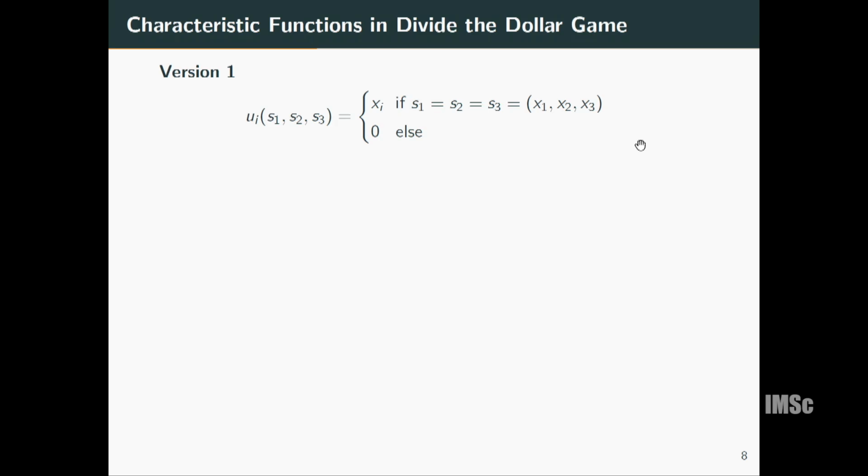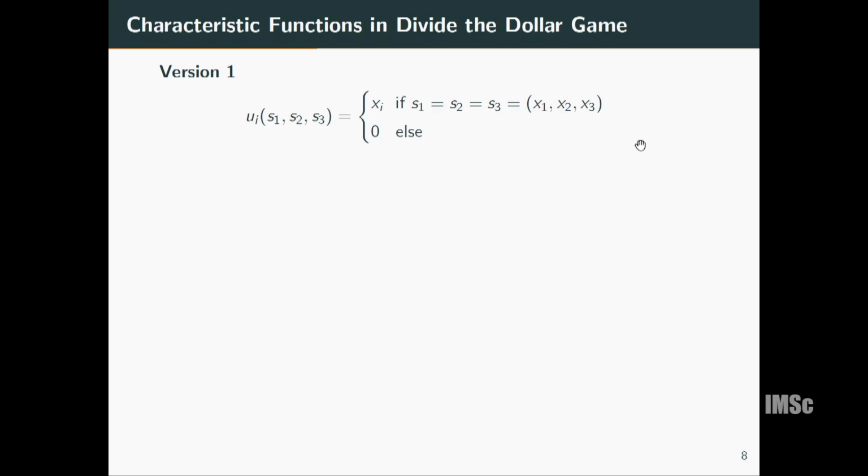So, in this case V phi is 0, V1 will be 0, V2 will be 0, V3 will be 0, V12 will be 0, V13 will be 0, V23 will be 0, but V123 will be 300. It means that only if everybody comes together do they get the worth of 300, otherwise everybody is getting 0.